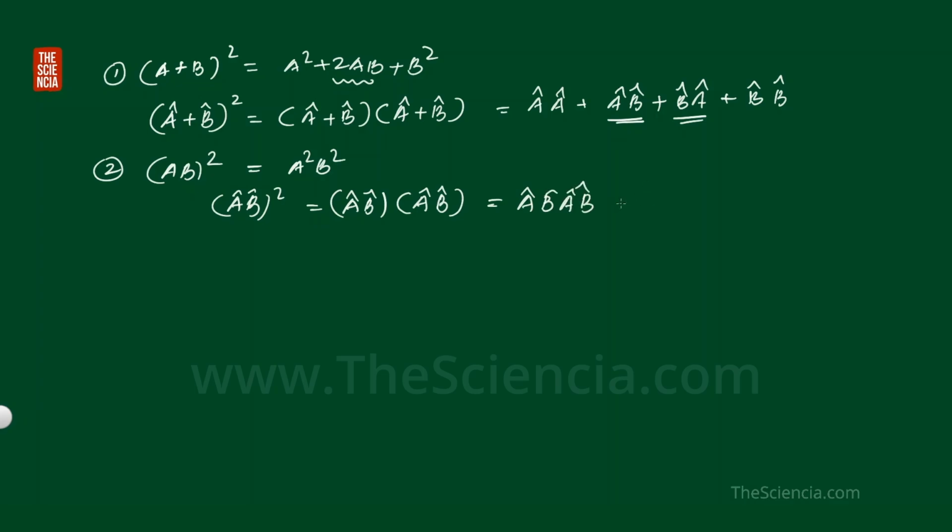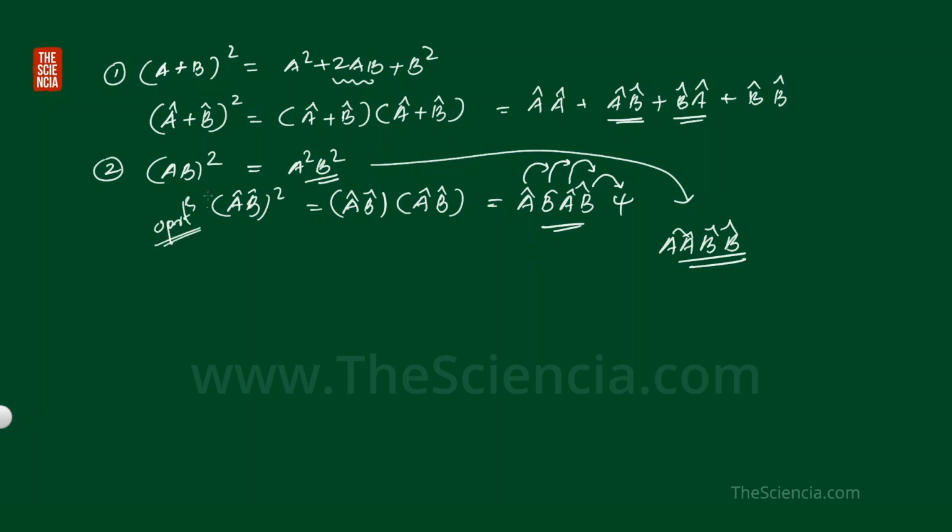If there is some state on the right hand side, first the b operator will act on it and we get a value, then the a operator acts on that value, then the b operator acts, and then the a operator acts. It is different from a a b b. See, these two are very, very different. So this is our operator algebra.